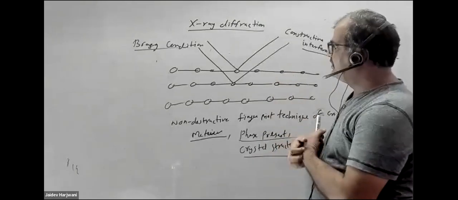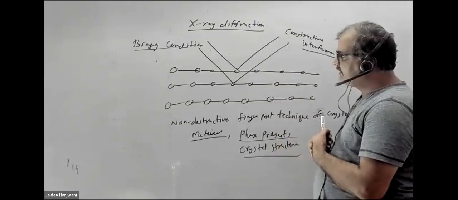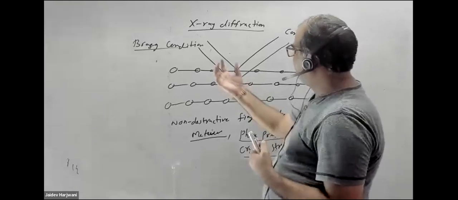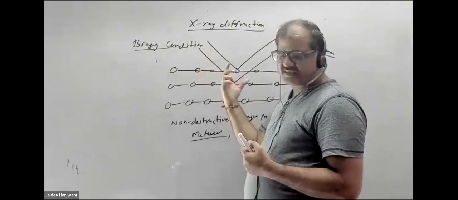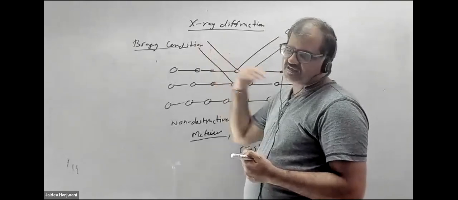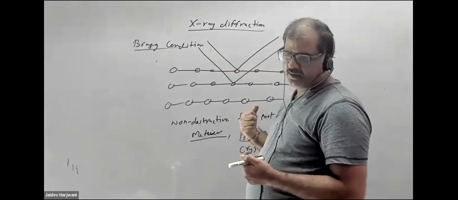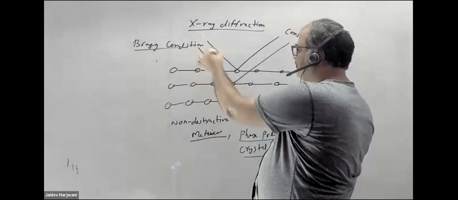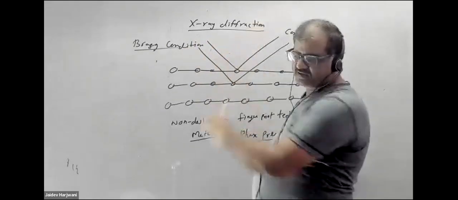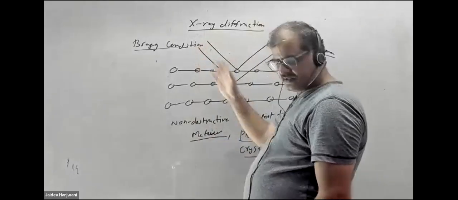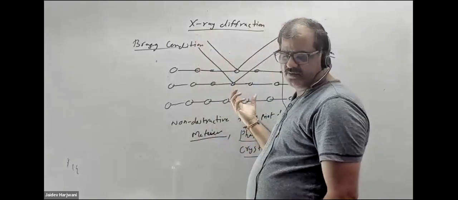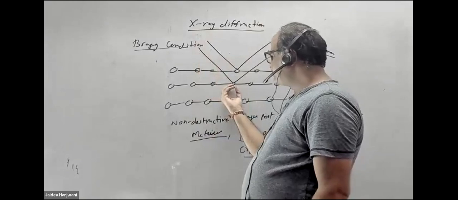Okay, diffraction is a scattering and it does not depend only on the surface. Reflection is generally a surface phenomenon. Your light will come and reflect on the top of the surface. Here the X-ray is going inside to the inner atoms, and from the inner atoms it's coming back.